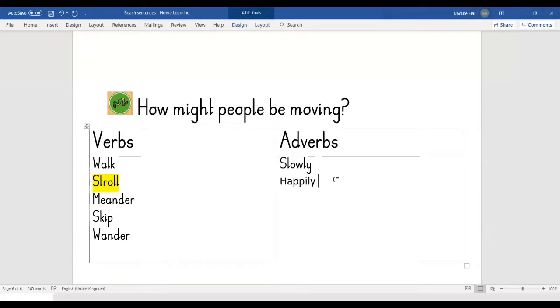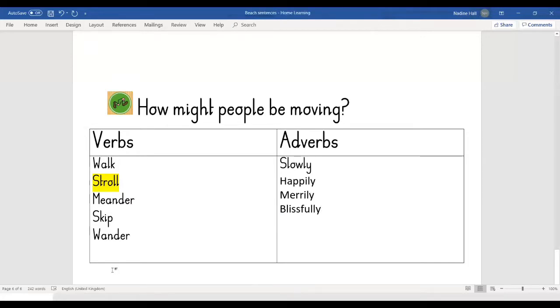So happily, merrily. This one is a lovely, lovely word though. Blissfully. It makes me think of super, super happy, feeling really good. So I'm going to choose that one, blissfully. So they're going to blissfully stroll along the beach.